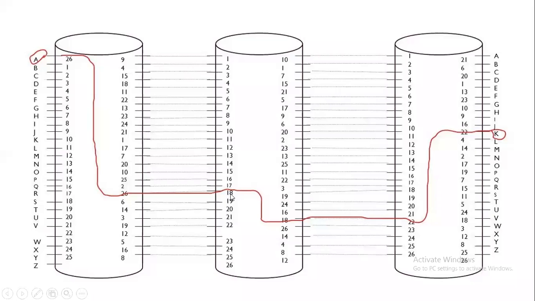The pin number is 18, and the output of cylinder 2 is connected with pin number 18, and this 18 is connected with 22, and the output of this 22 line will be 22, that is K. If I press A, then the secret message will be K. So A is converted into K. In this way, our rotor machine works.